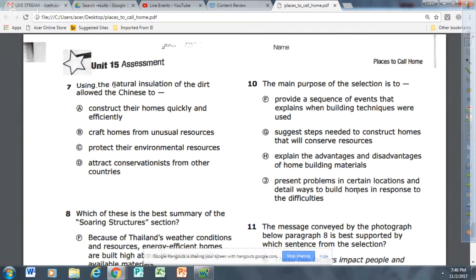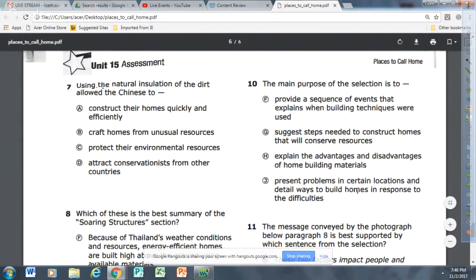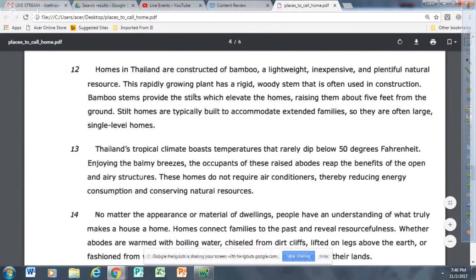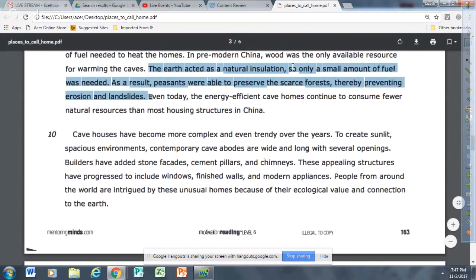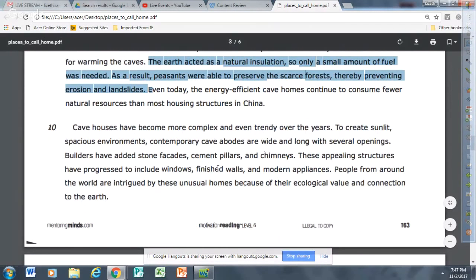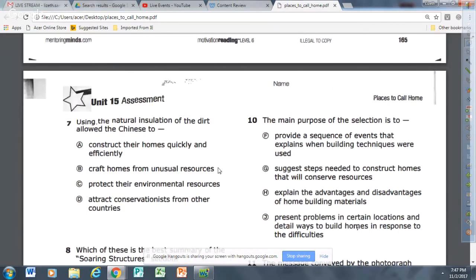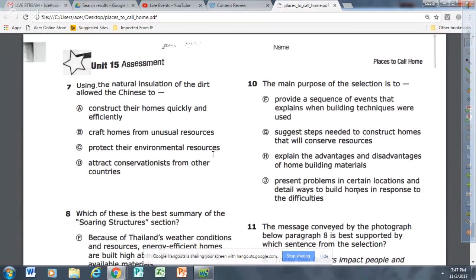So if you look at this, the natural insulation, the correct answer for this, as we read, as a result, peasants were able to preserve the scarce forests and prevent landslides. So because of this, they were able to protect the natural resources. So the correct answer for number 7 was C.